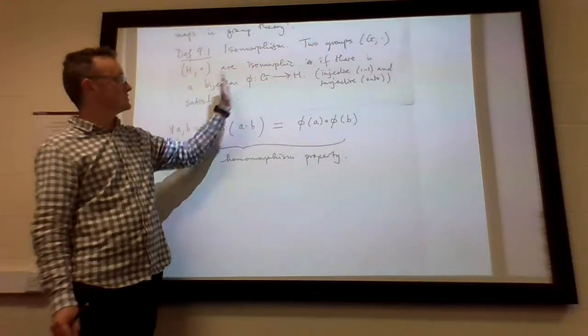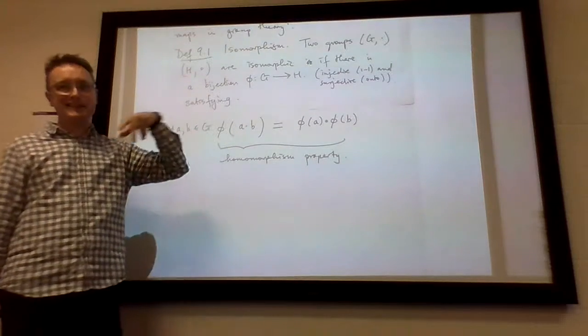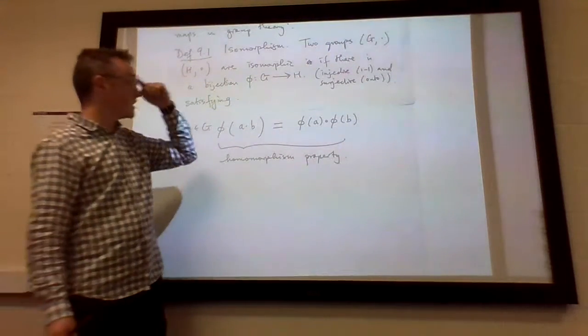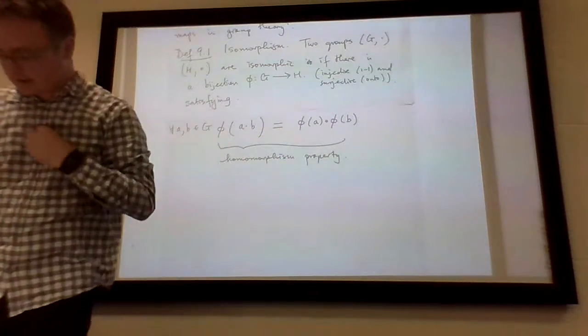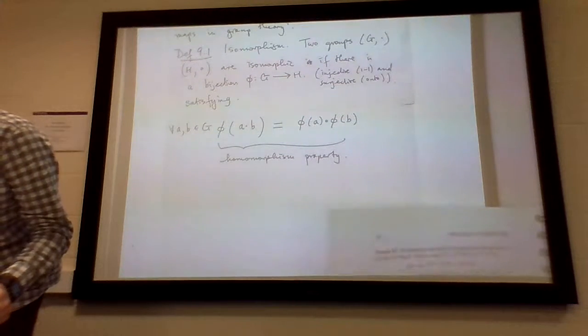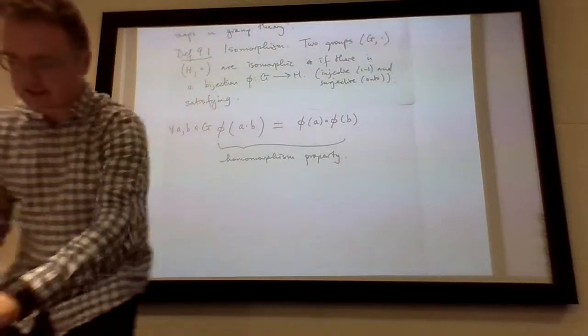A homomorphism is just any map between the two groups that satisfies this property, not necessarily injective and surjective. The ones that are injective and surjective have the special name of isomorphisms. So straight away let's look at a couple of examples.